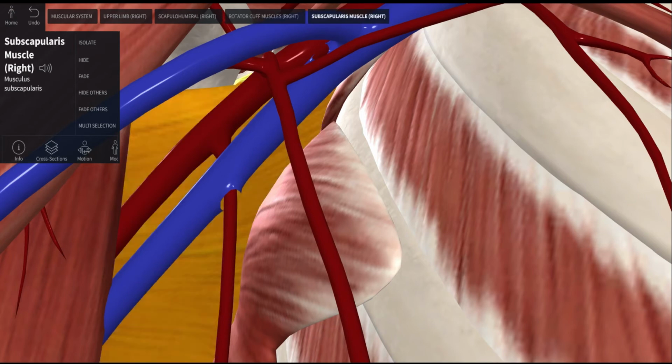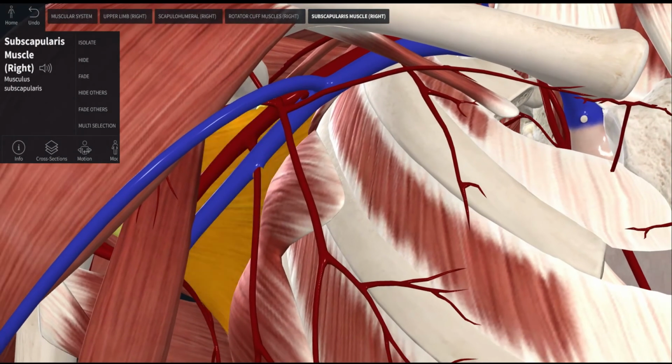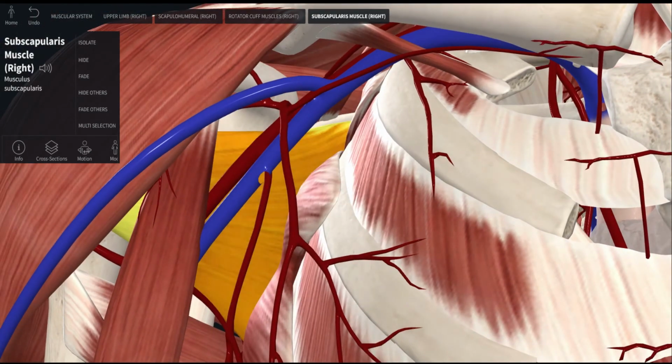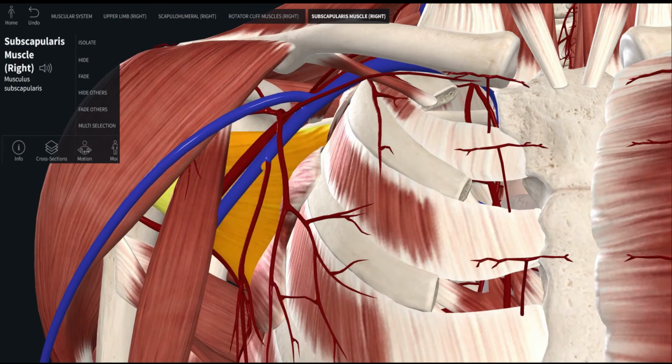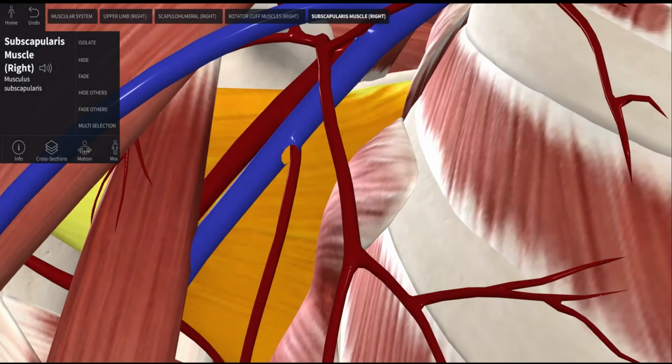The subscapularis, when we talk about the axilla, we will come to know that the subscapularis, along with other two muscles, which we will come to know in the third part of axillary artery relations, these three muscles will actually constitute the posterior wall of the axilla.